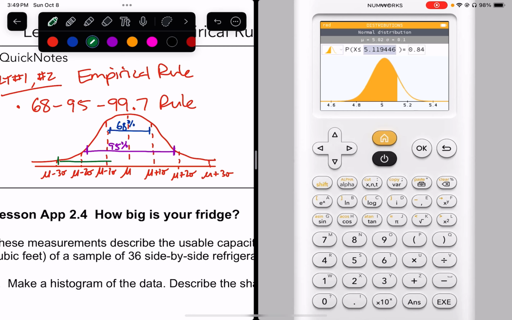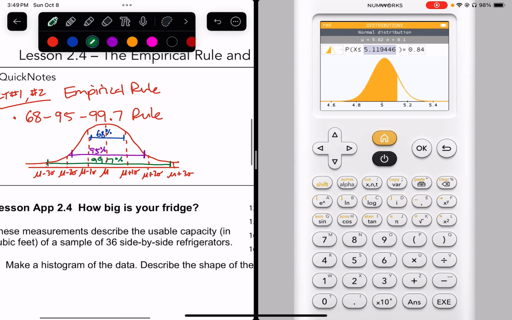And within 3 standard deviations, we have 99.7% of our data. And let me fix that 9, sorry about that, 99.7%. So within 1 standard deviation, within 2 standard deviations, within 3 standard deviations.